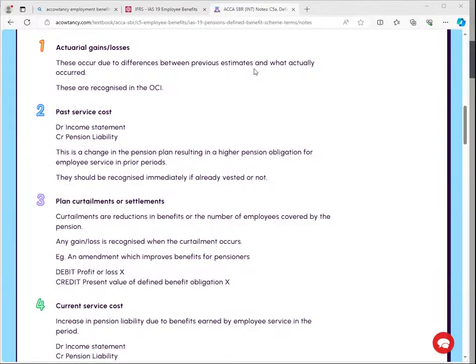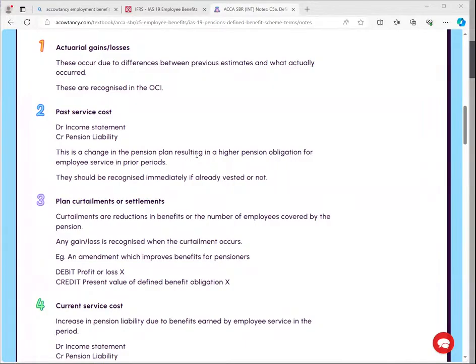Normally, the actuaries come at the end of the year, and they look at the actual happenings versus what was predicted. Past service cost is a change in the pension plan resulting in a higher pension obligation for employee service in prior periods. These guys worked for us.